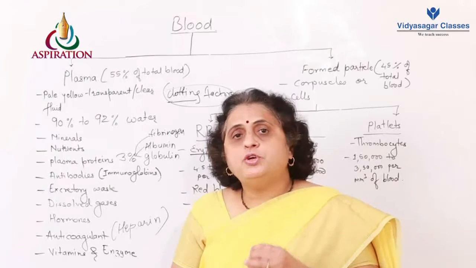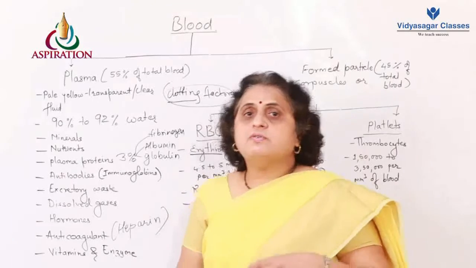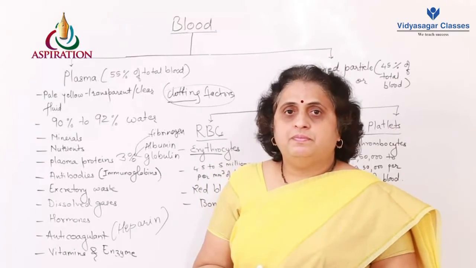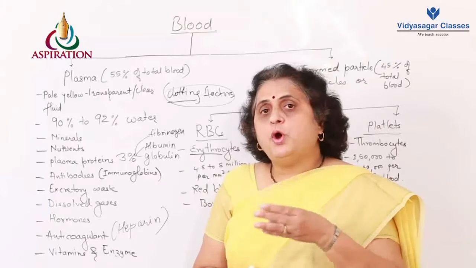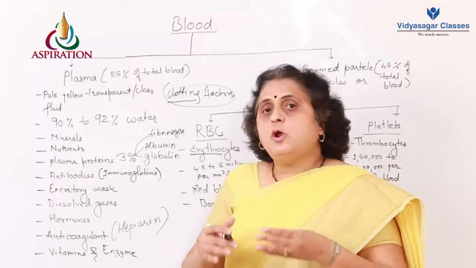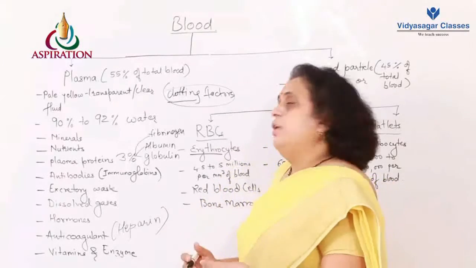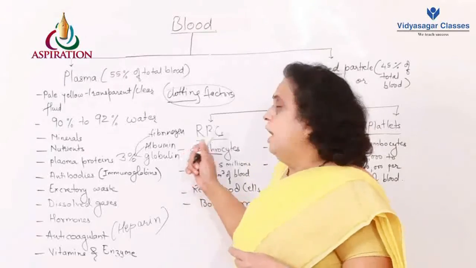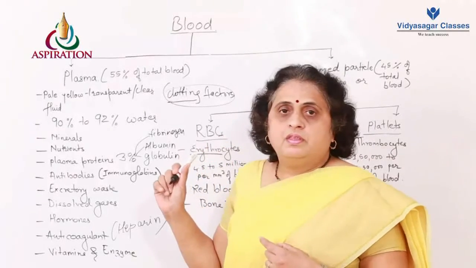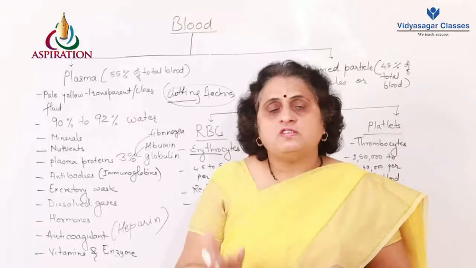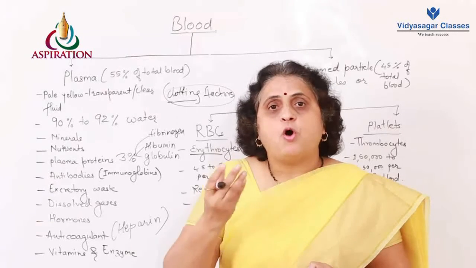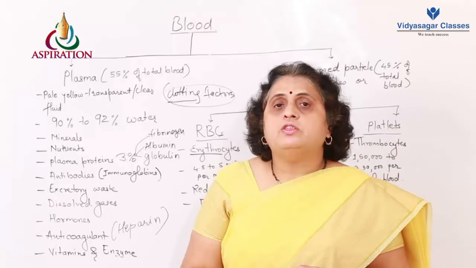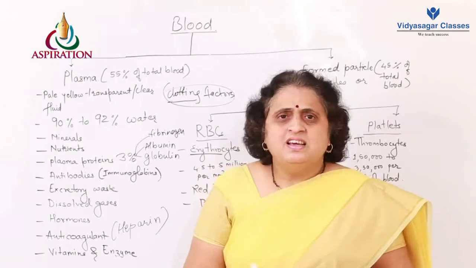This erythropoietin hormone is produced by cells in the kidney. It is going to stimulate the bone marrow cells to produce RBC. So, erythropoiesis is the process of forming the erythrocytes, and this is carried out by erythropoietin.